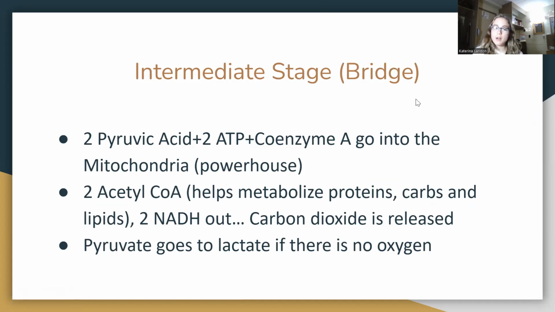If you remember from high school or middle school, the mitochondria is the powerhouse of the cell, where the cell uses nutrients from the body to create energy, which we are going to use. The 2 acetyl-CoA and 2 NADH are our output, and the most important part from this step is that the goal is for carbon dioxide to be released.